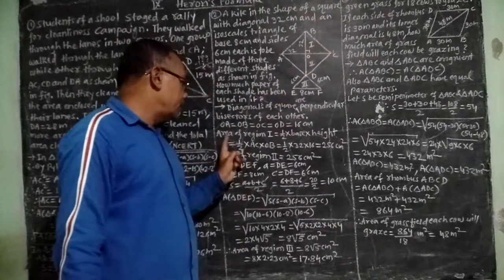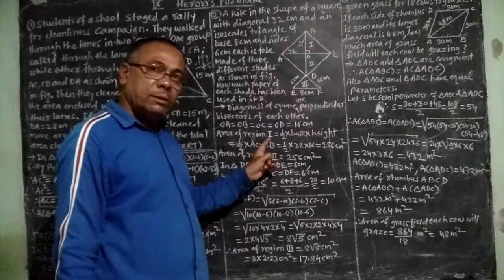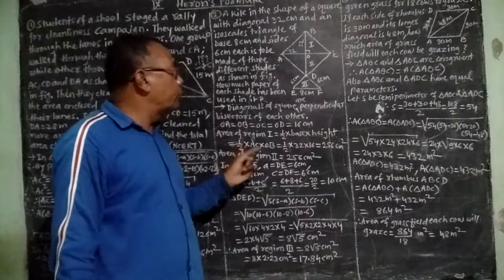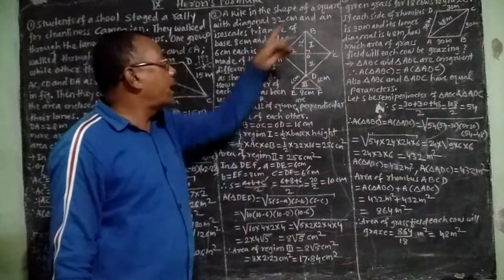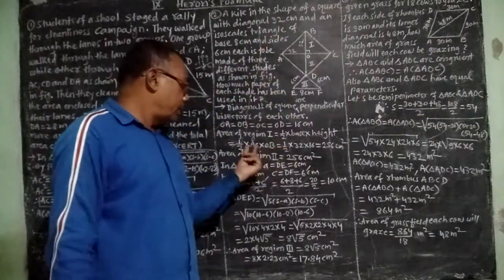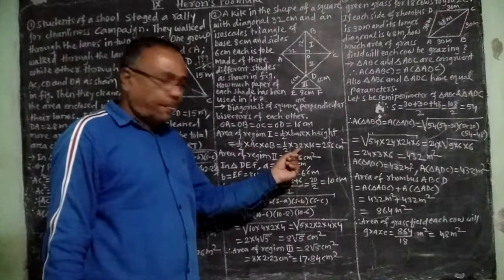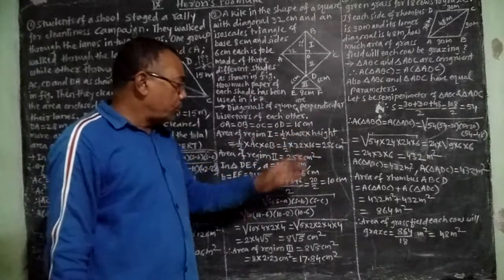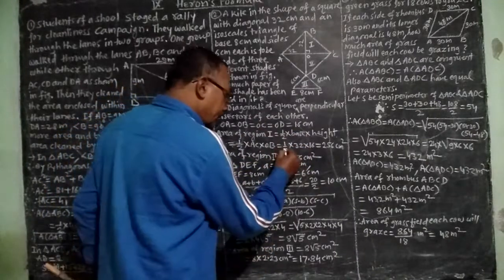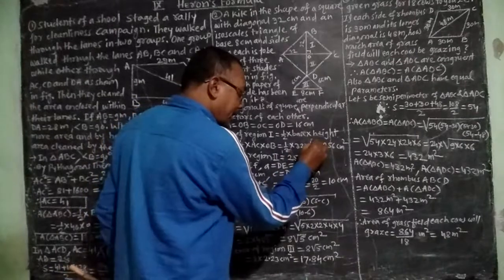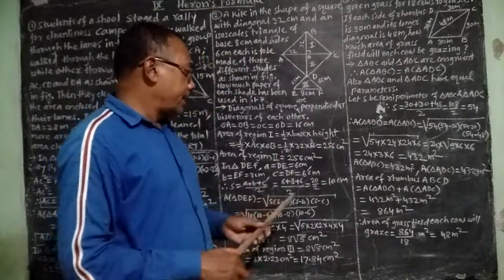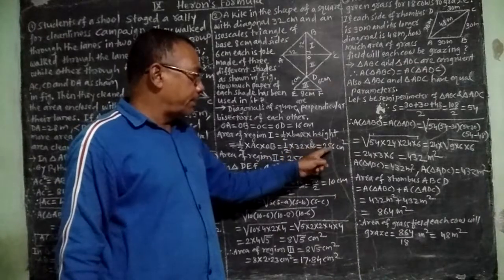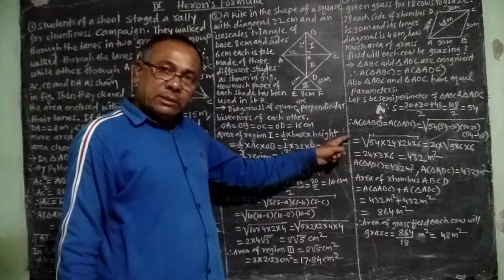Then we can find the area of region 1, that is equal to 1/2 base into height, 1/2 into base AC into height OB, 1/2 into length of AC is 32 into length of OB, that is the height, 16 centimeter. So if we divide, 2 ones are 2, 2 8s are 16, so we will get here 32 into 8, it will be 256 centimeter square.